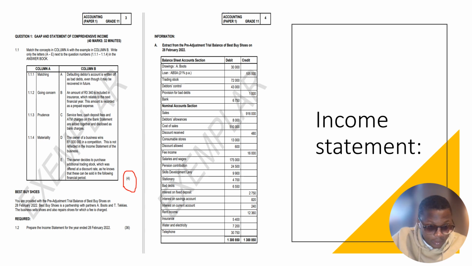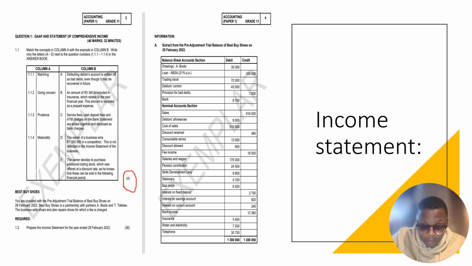Best Buy Shoes is a partnership with partners A Boots and T Techies. The business sells shoes and also repairs shoes for which a fee is charged. So that's what they do.